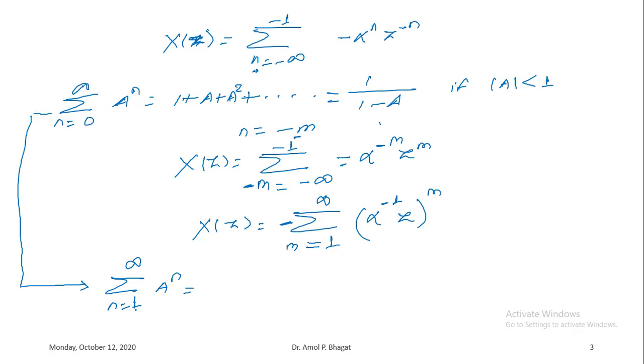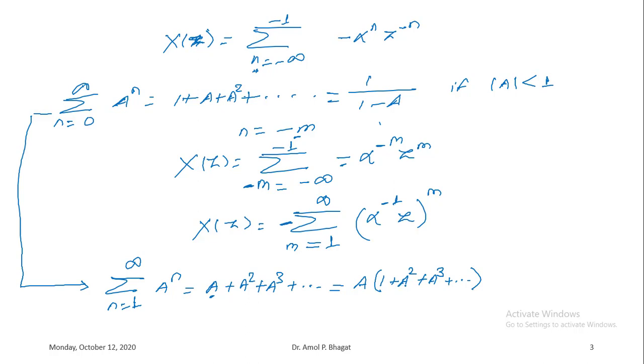So the equation will be a plus a square plus a cube and so on. Again I can take a common from here, so in the bracket it will be 1 plus a square plus a cube plus and so on.